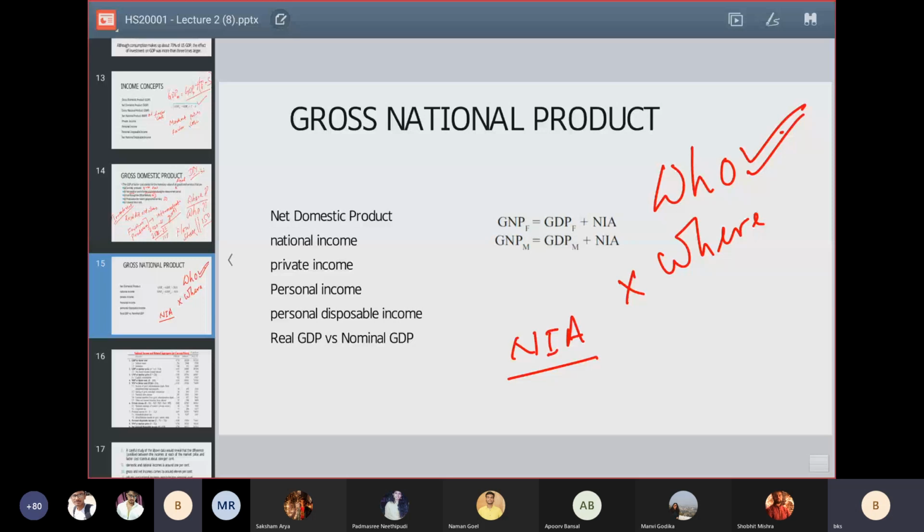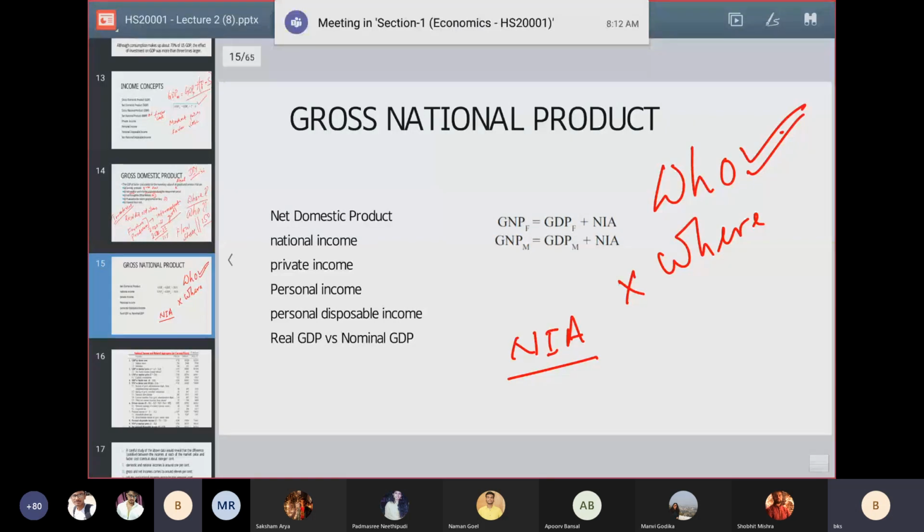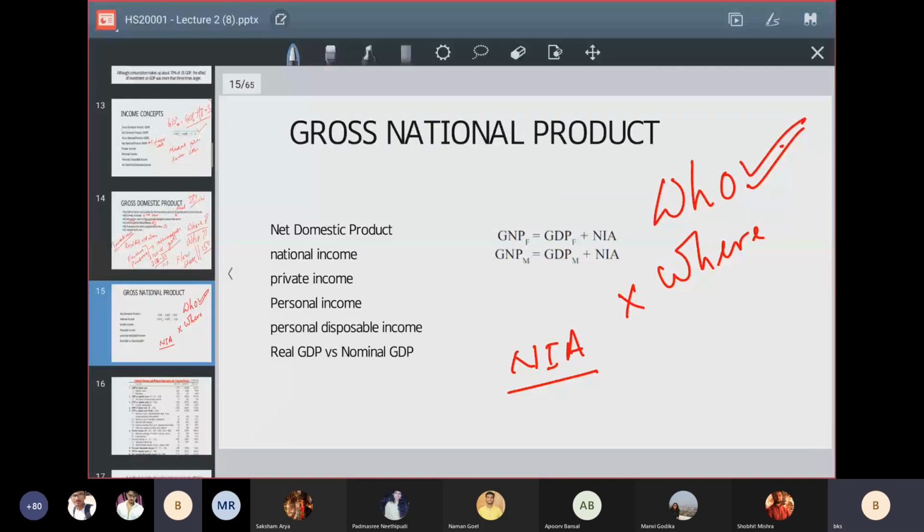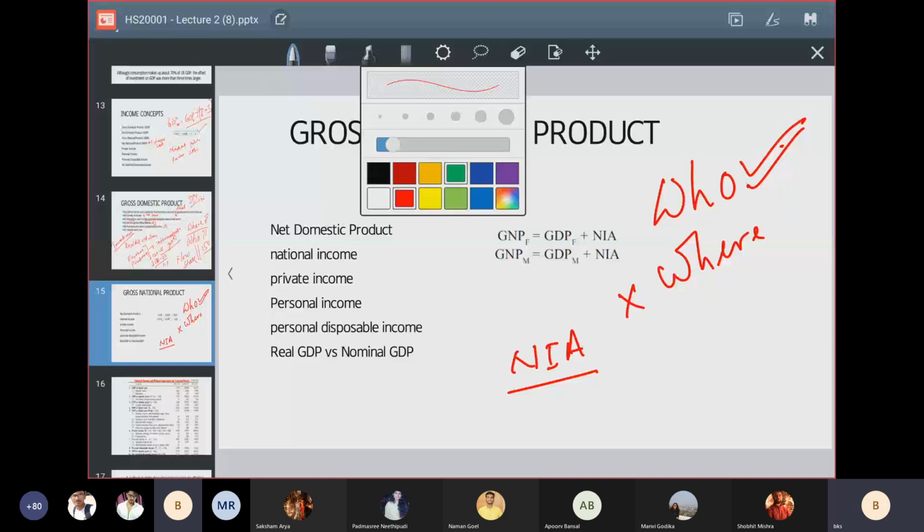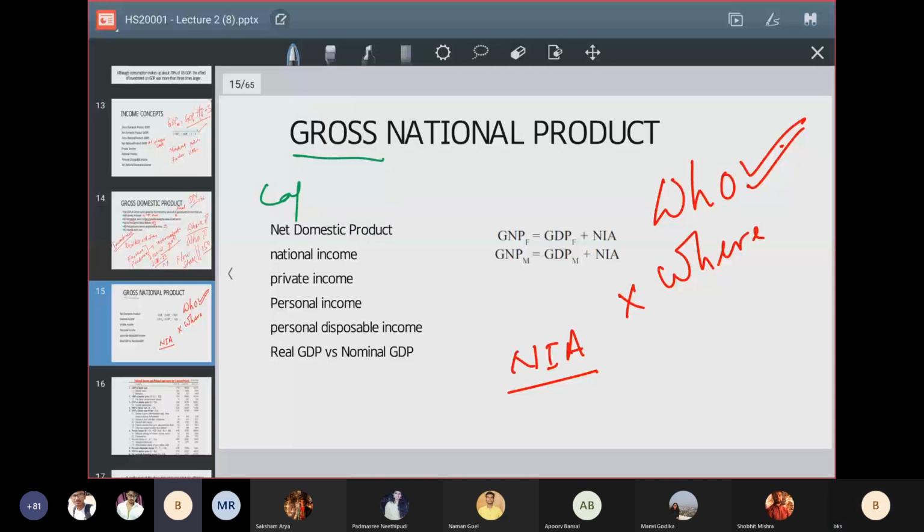The difference between the gross and the net is the capital consumption, and this capital consumption in the process of our production is known as your depreciation.